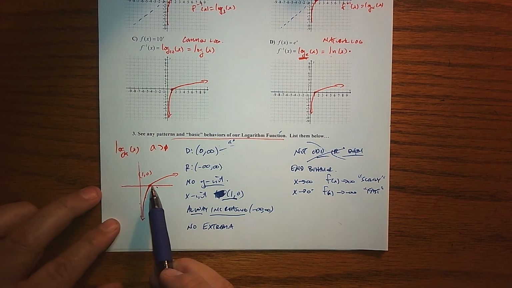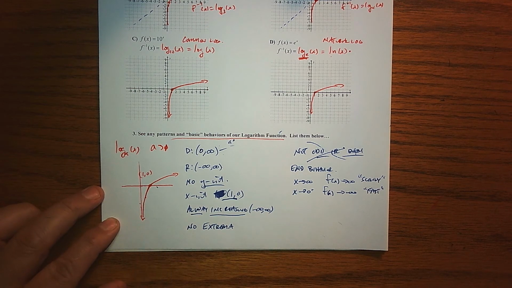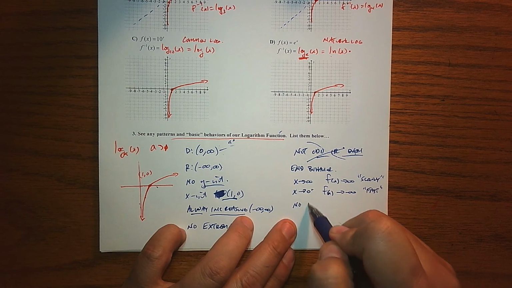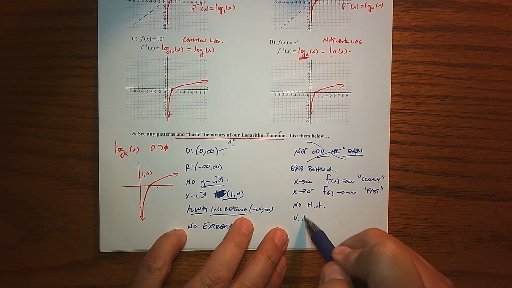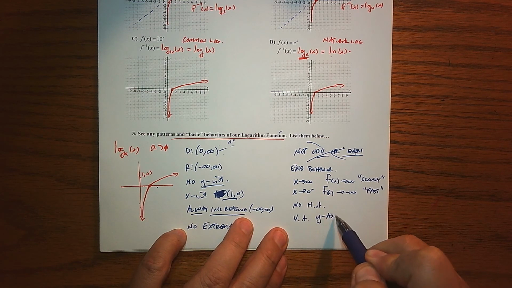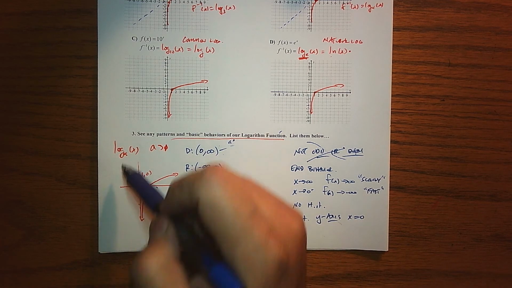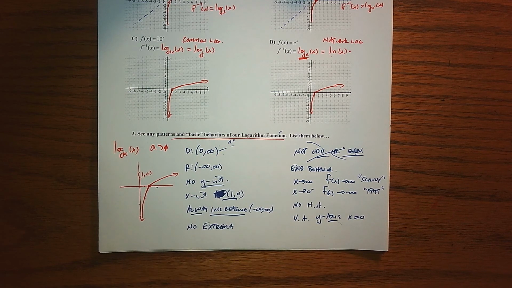So as x gets closer and closer to 0, the function value is going to negative infinity very, very fast. It doesn't have a horizontal asymptote, but it does appear to have a vertical asymptote of the y-axis, or we know to be x equals 0. Again, this behavior is happening definitely in this direction right there. So there does seem to be a vertical asymptote occurring.